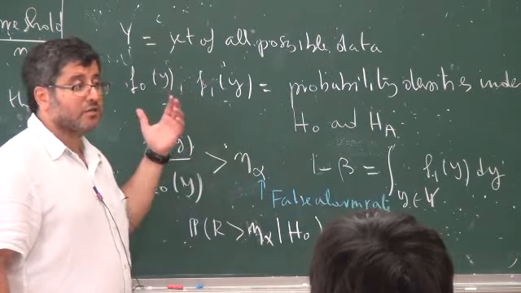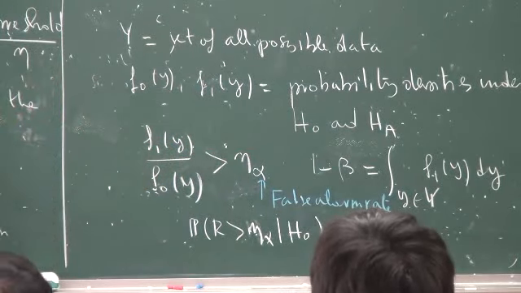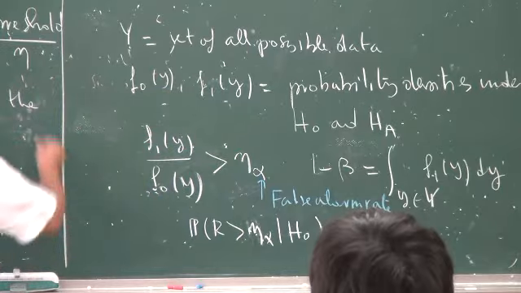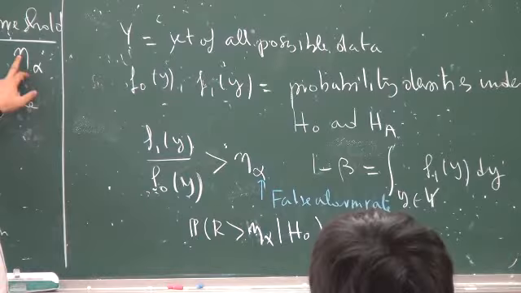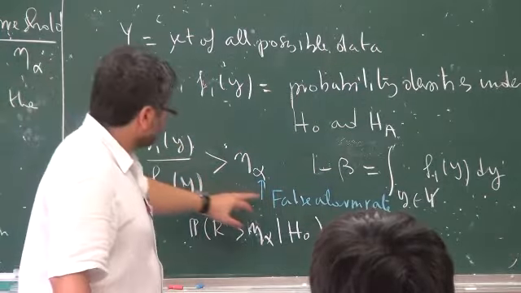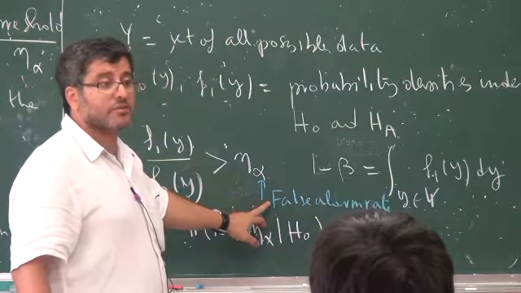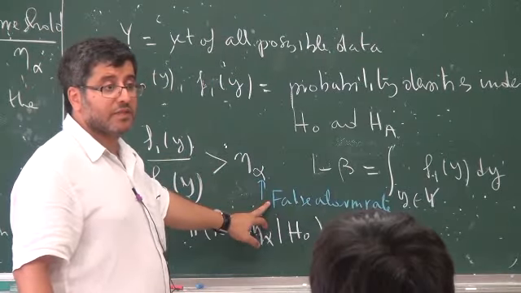We compare R to eta alpha. If it's larger, then up to this false alarm rate, there is inclusion. Okay?